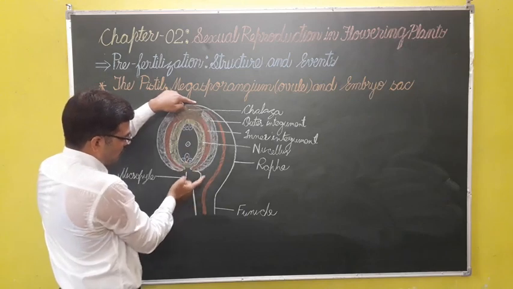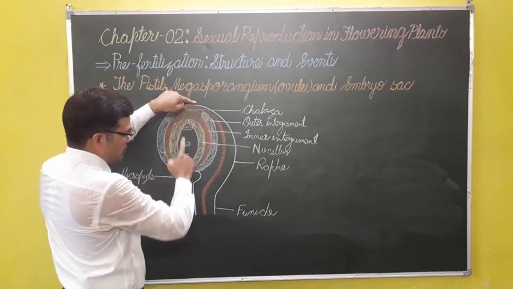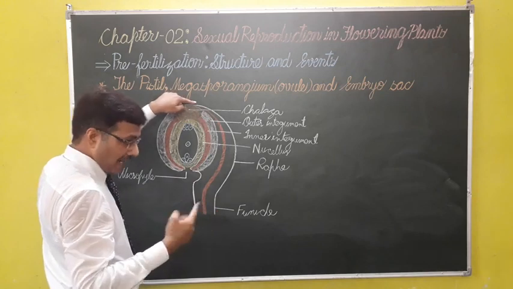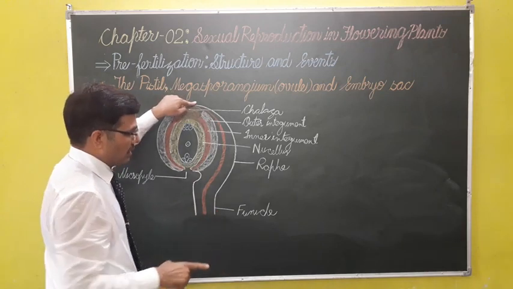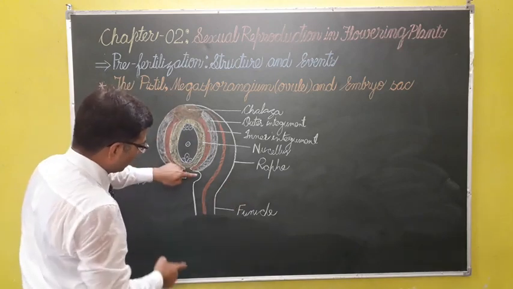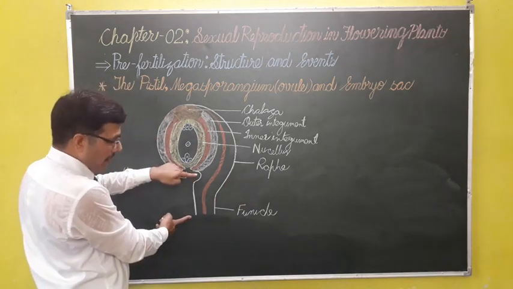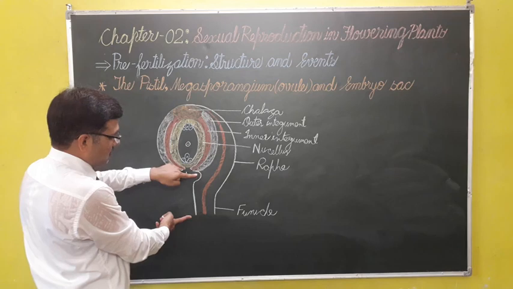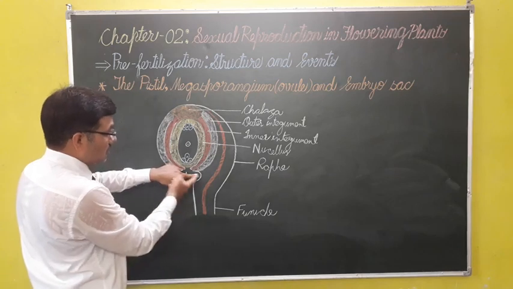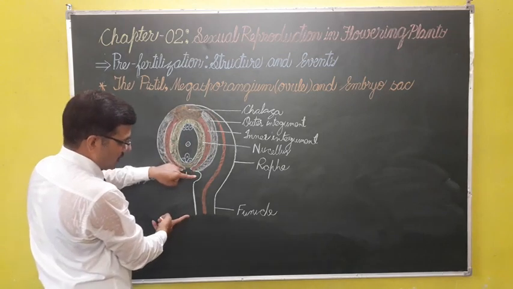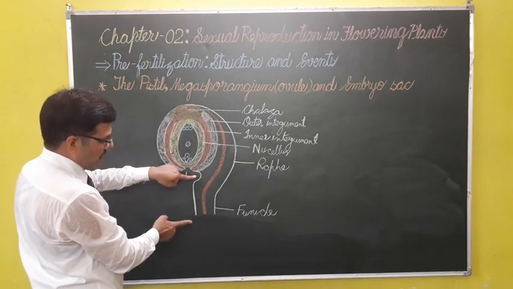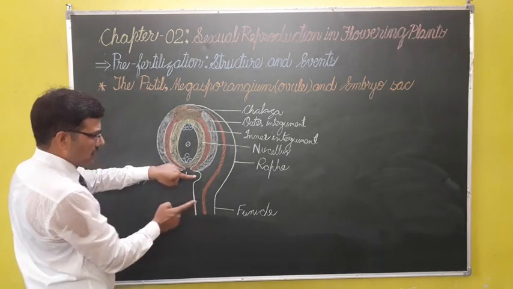This attached part of the funicle is called the raphe. While the part of the funicle which is separate, not touching or surrounding the body of the ovule, is the funicle proper, or better you can say, the funicle, right?